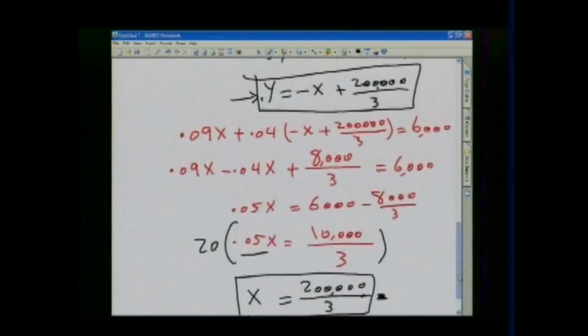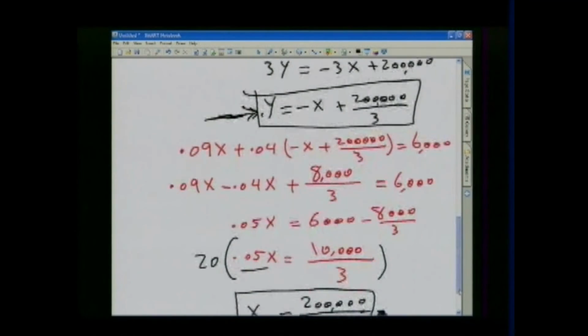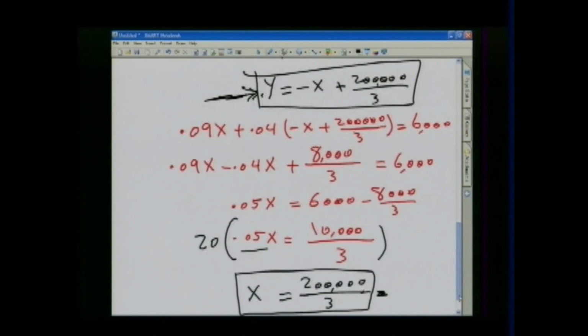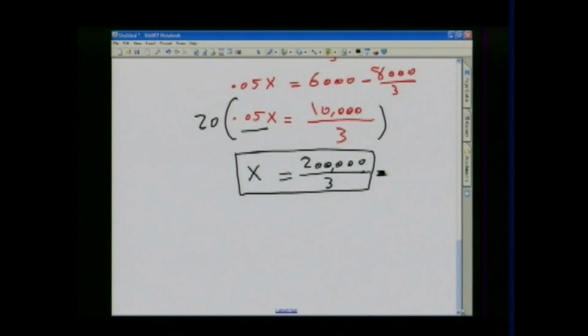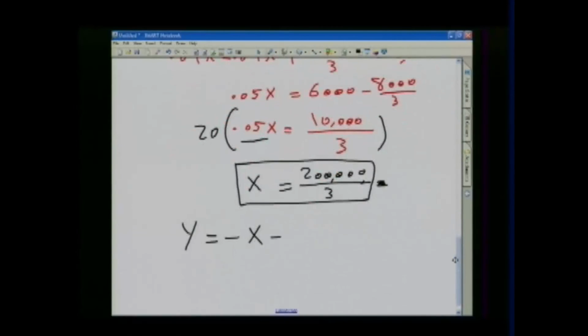Now, if I take this x and plug it into this equation here, I can find y. X was for high risk. So to find y, I plug it in there. Again, y was equal to minus x plus 200,000 divided by 3.